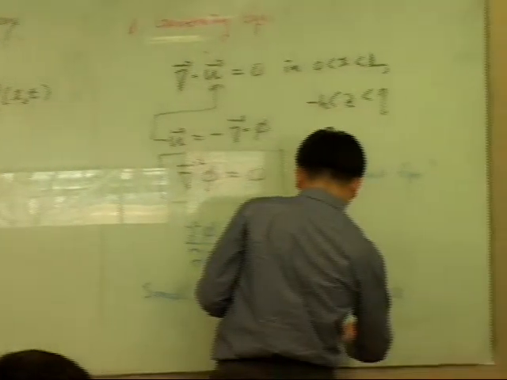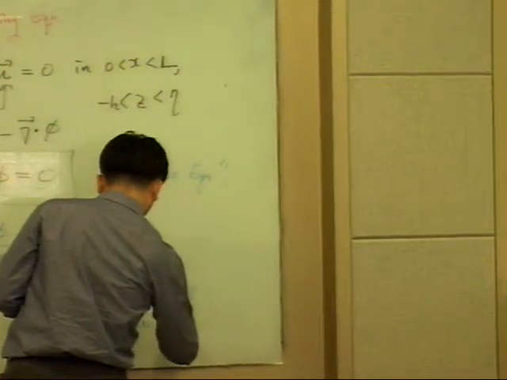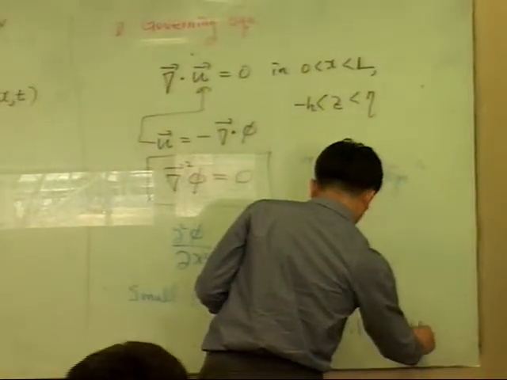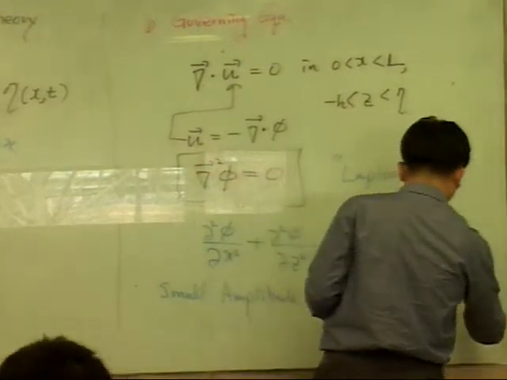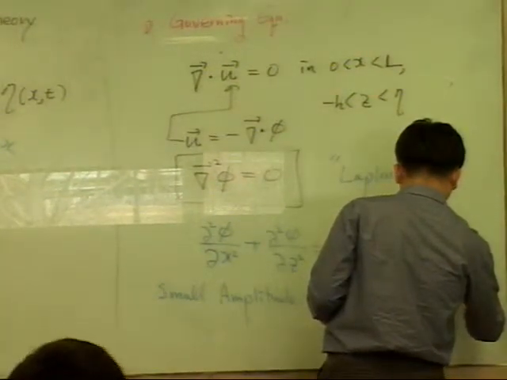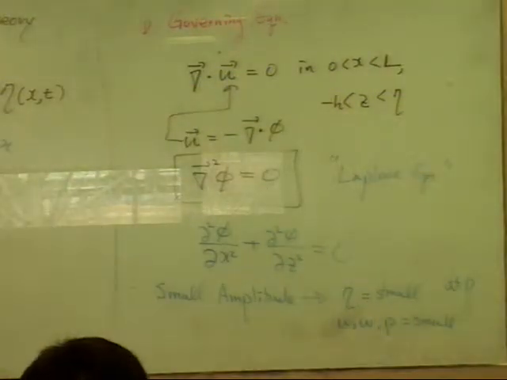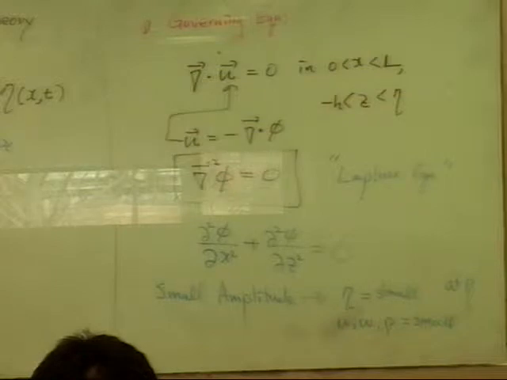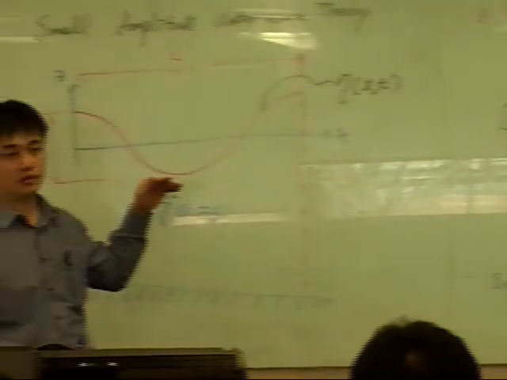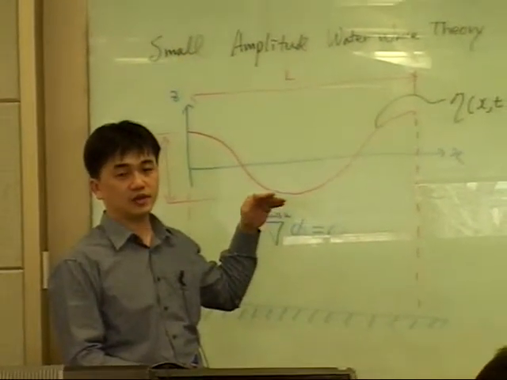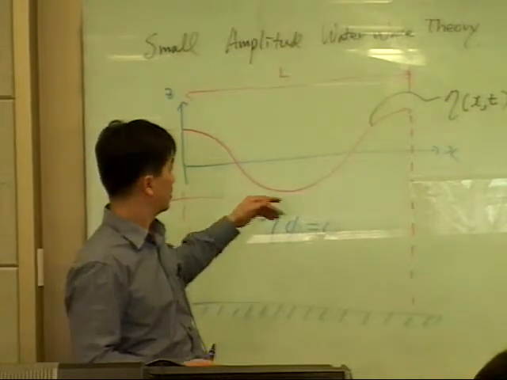And u, w, p are small at the surface. Because the wave amplitude is very small, it means the speed of the fluid at that surface is very small, and pressure is also small.